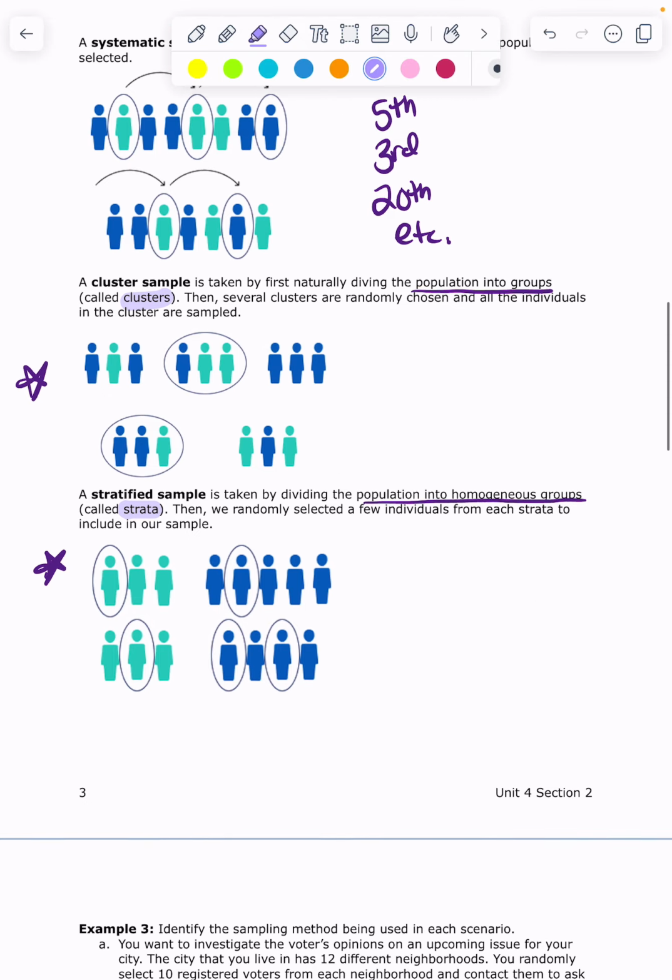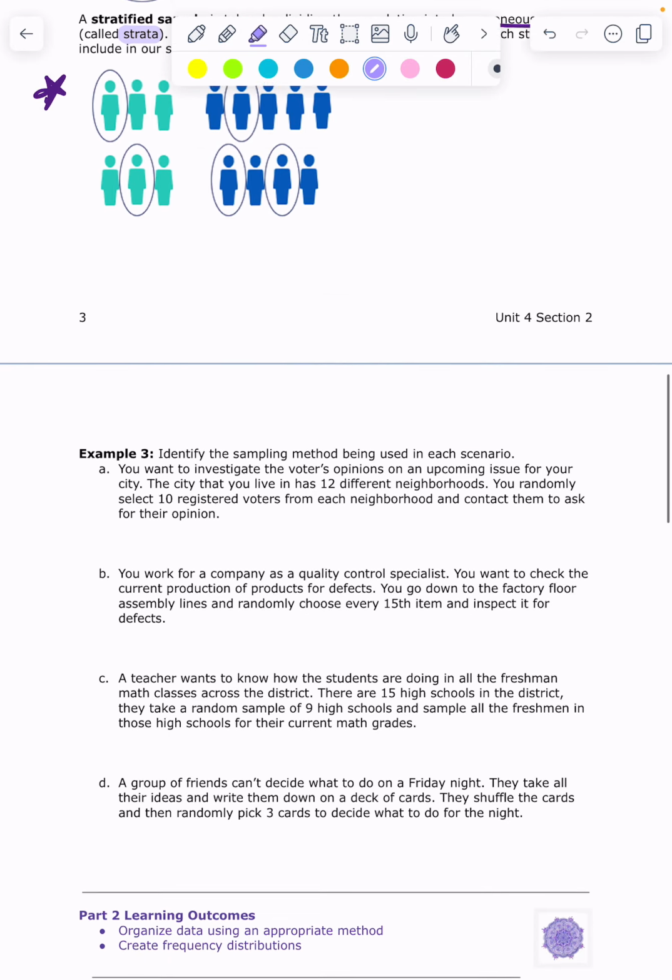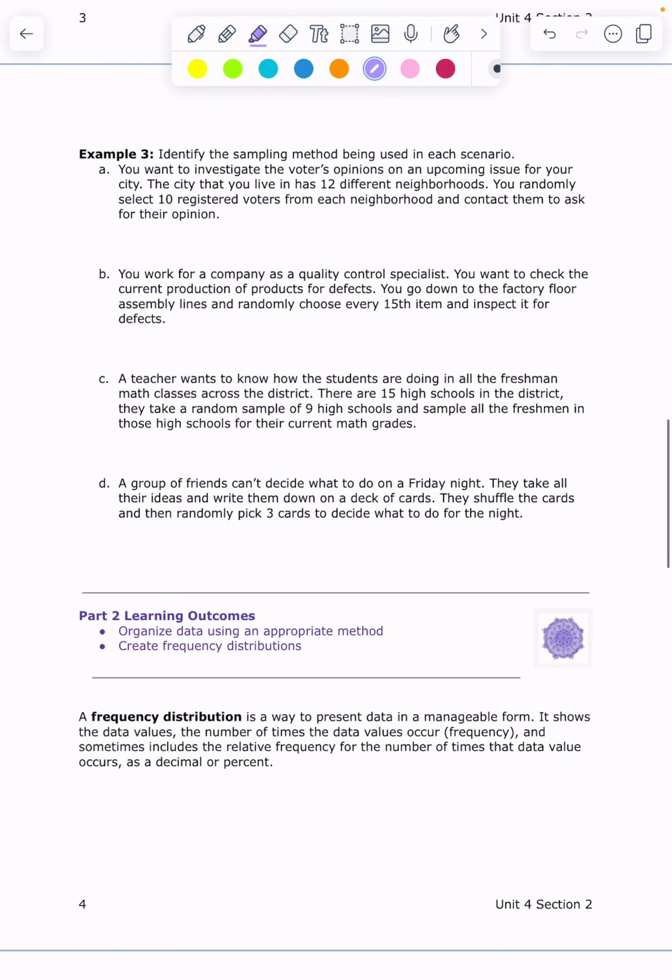I think it might be helpful to look at example 3, where we have to identify the sampling method used in each scenario. In A, you want to investigate the voters' opinions of an upcoming issue for your city. The city you live in has 12 different neighborhoods. Okay, that's sounding like a group to me. You're splitting them up into groups.